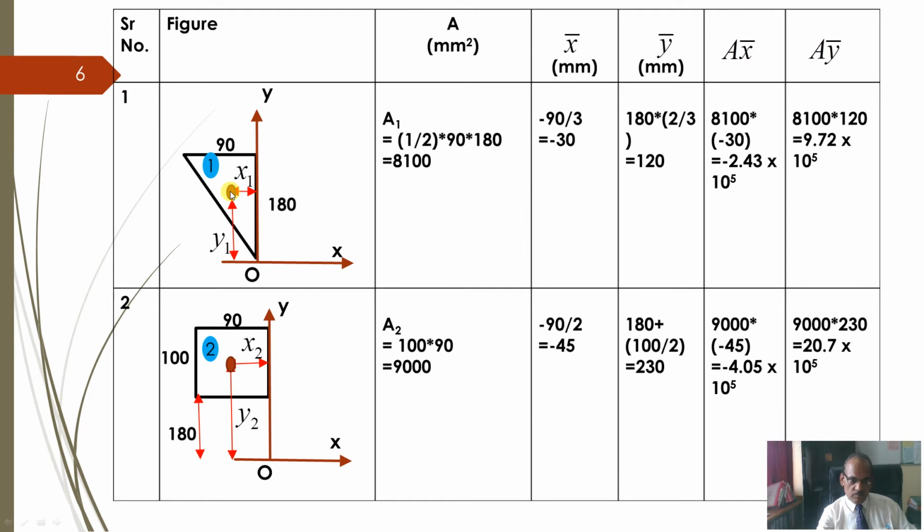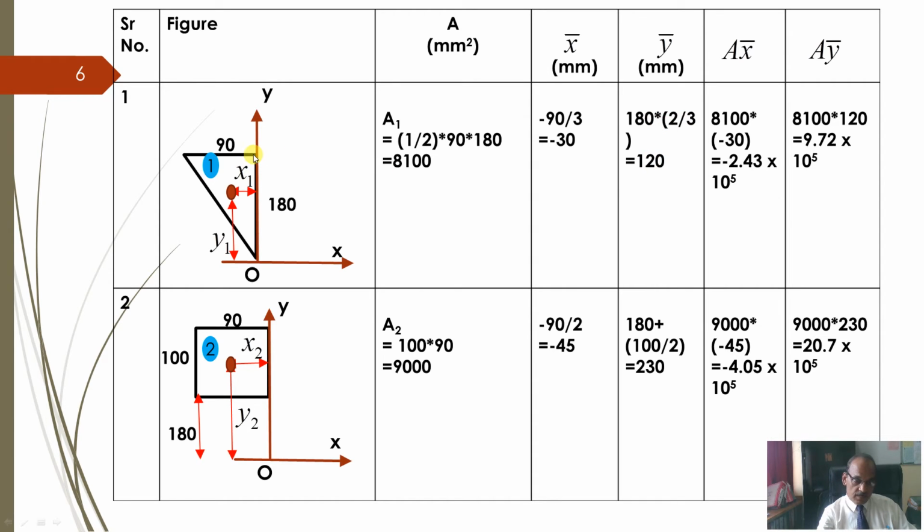Okay. Now the centroid of the triangle: you see this is the point and this is the 90 degrees. So from this point it is 1/3 of 180, so from the origin 2/3 of 180. So 180 into 2/3, this is the y coordinate.